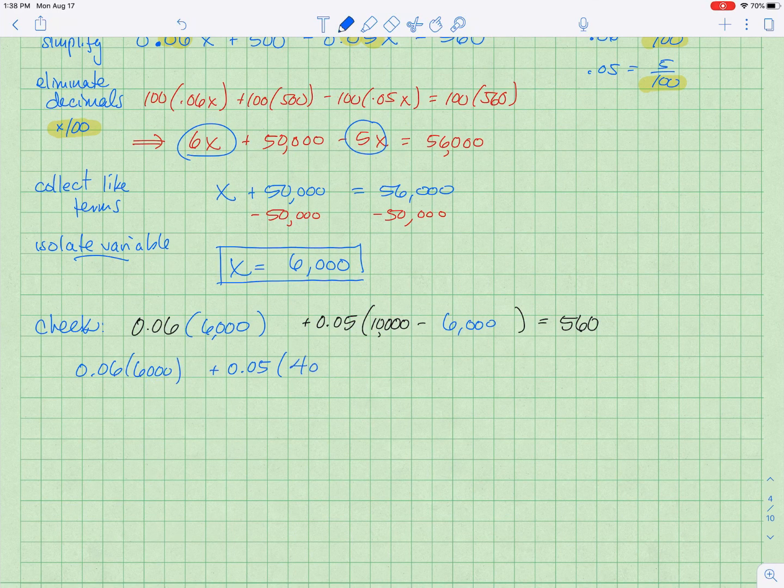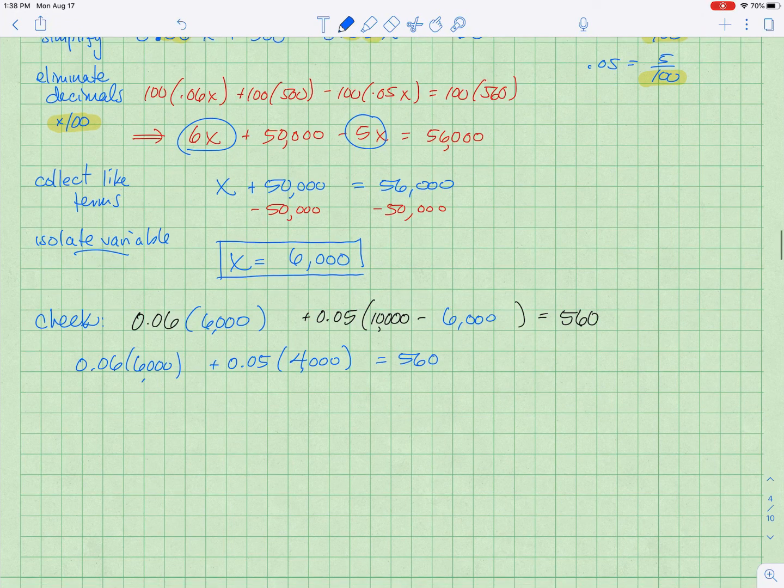10,000 minus 6,000 is 4,000. It's supposed to equal 560.